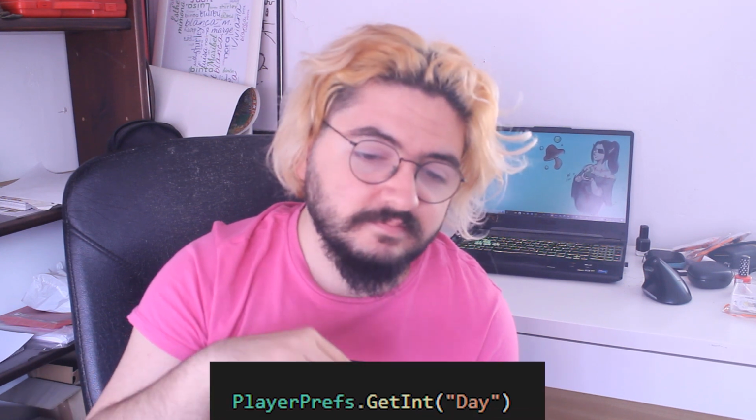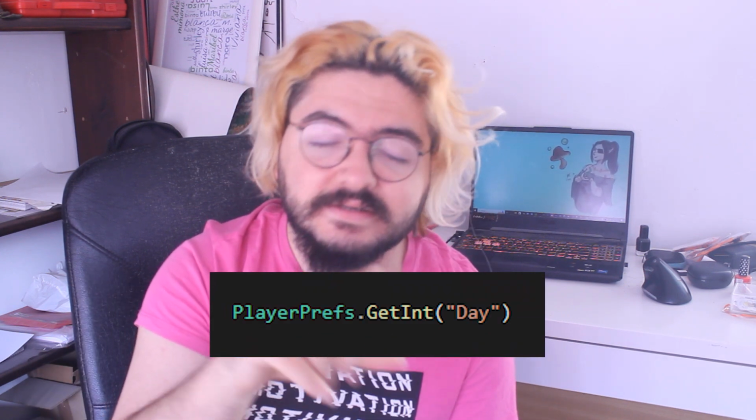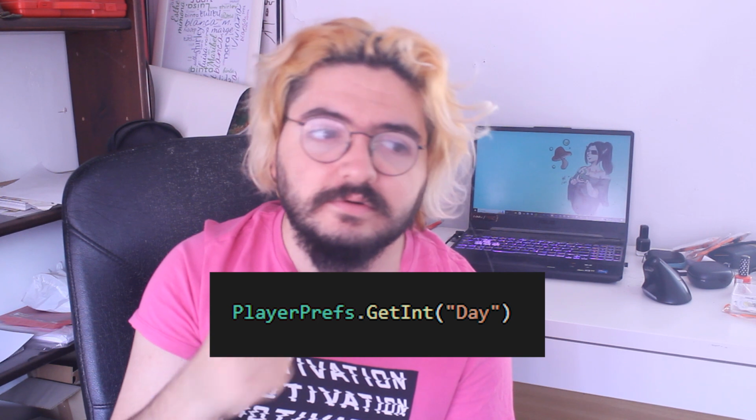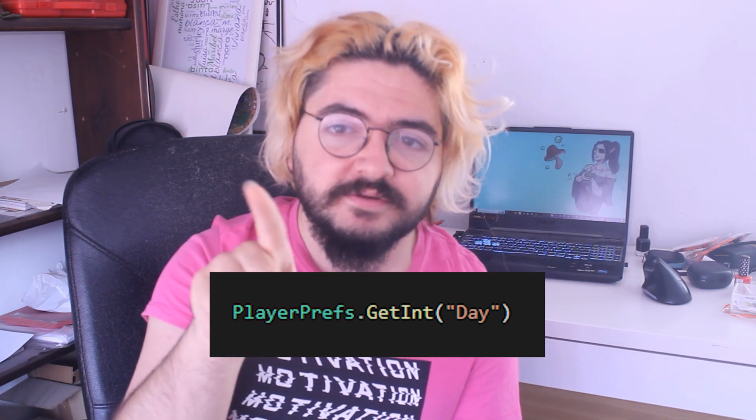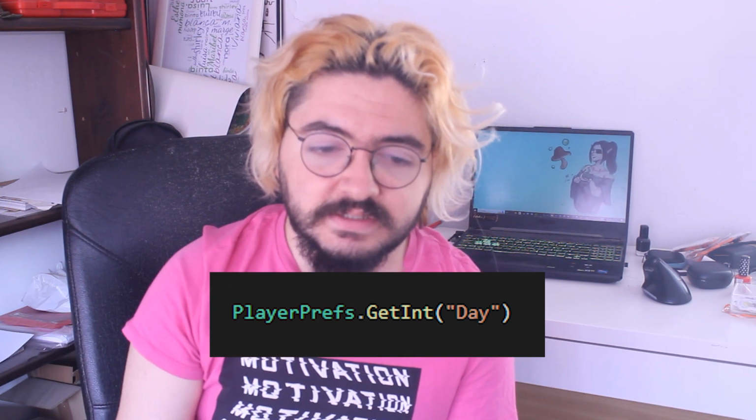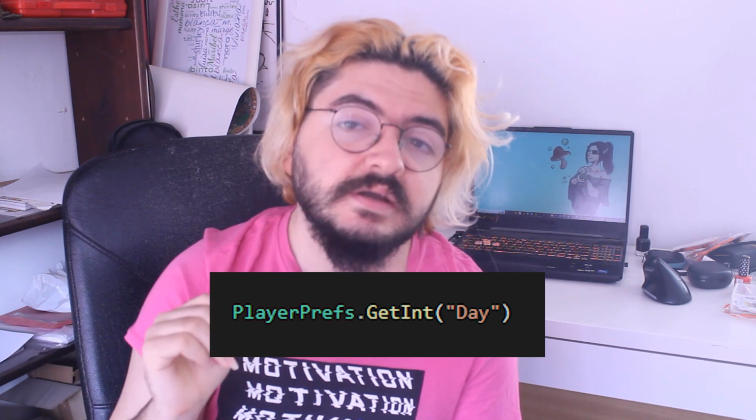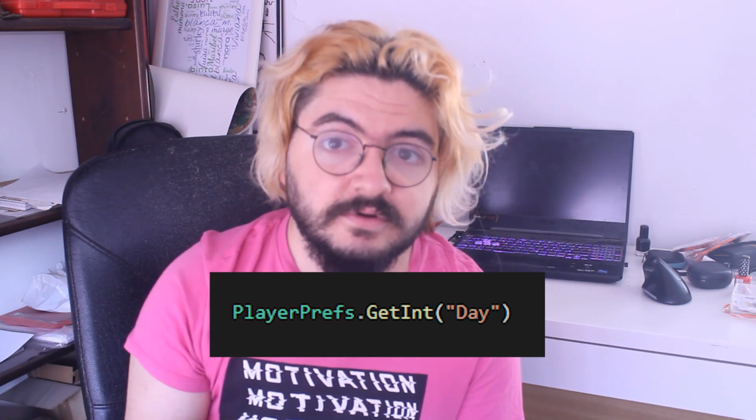Now, when you want to get this information again, you write PlayerPrefs.GetInt or GetFloat or GetString, and you put the key in parentheses and in quotation marks. You can have a lot of keys. You can have three floats for the Vector3, and these three floats must have different keys.